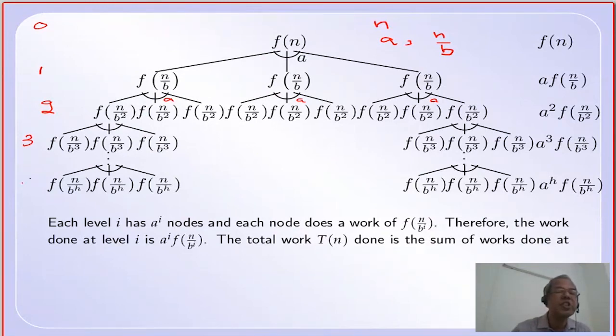In the last level h, why last level h? Because I have assumed that n is equal to b power h, and therefore, if in each level we are halving the work.